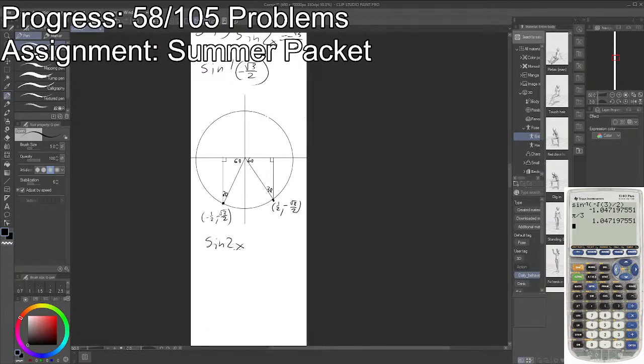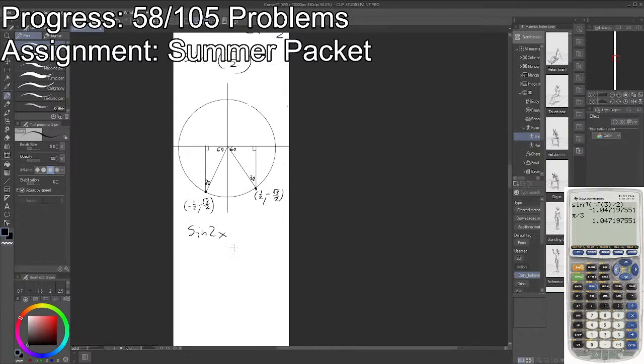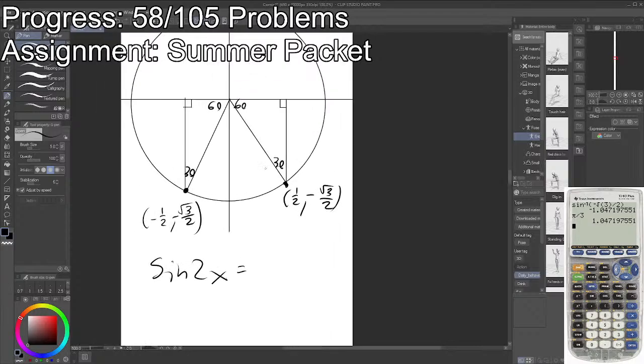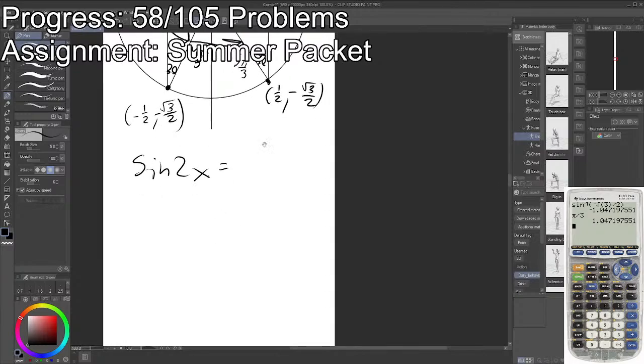Sine 2x equals... that's 4 pi over 3. Keep going, and that's 5 pi over 3. So those are my two answers.